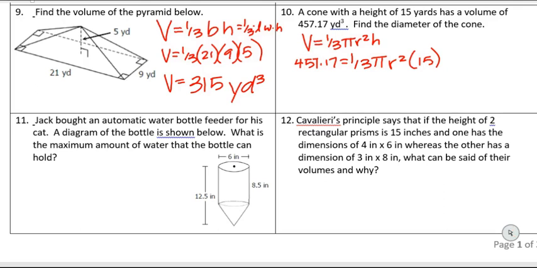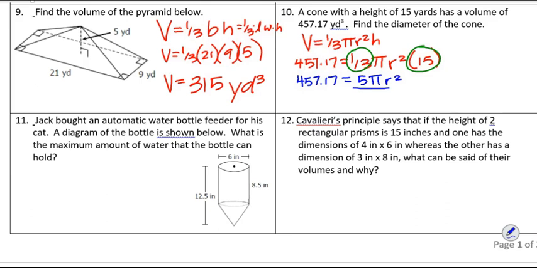I want you to notice that these two things are on the same side of the equal sign, so I can combine them. 1/3 of 15, or 15 divided by 3, is 5. So 457.17 is equal to 5 pi r squared.